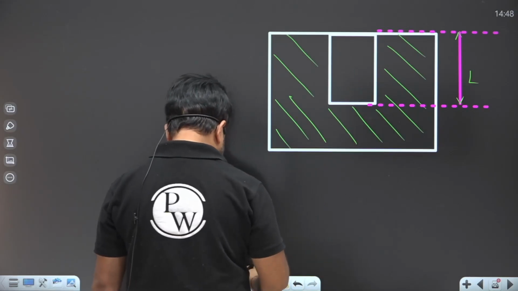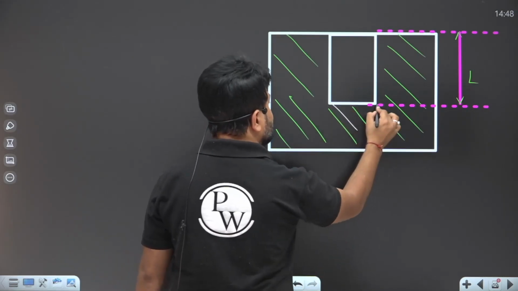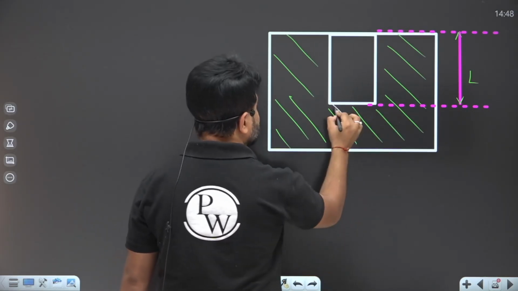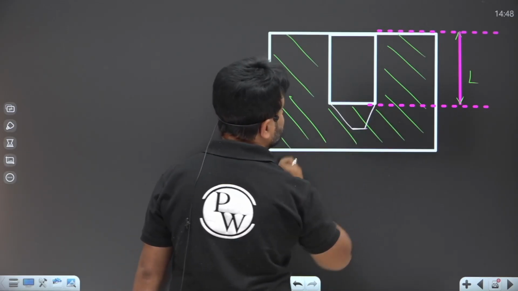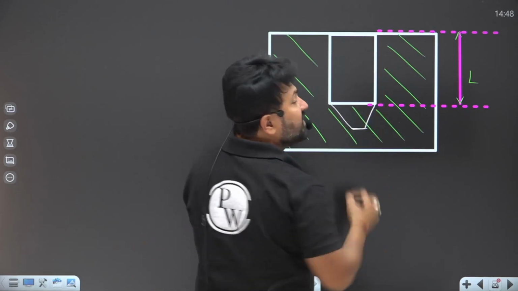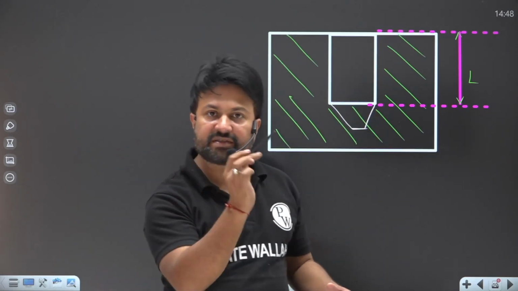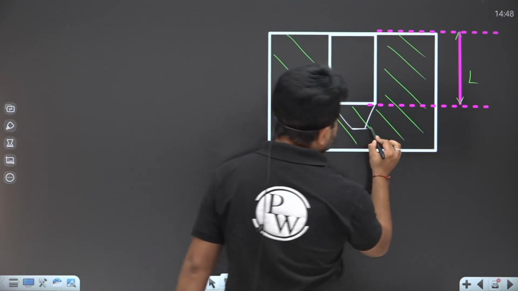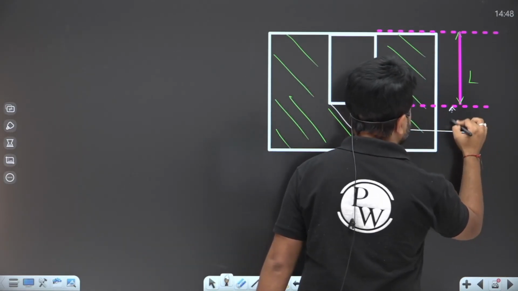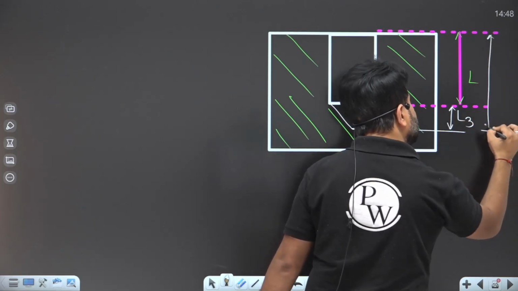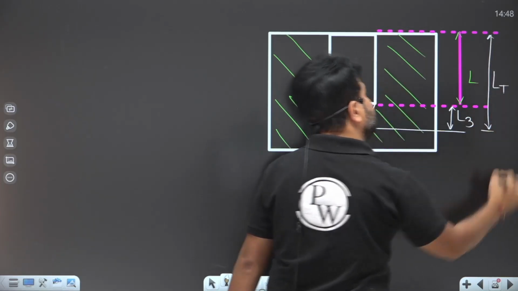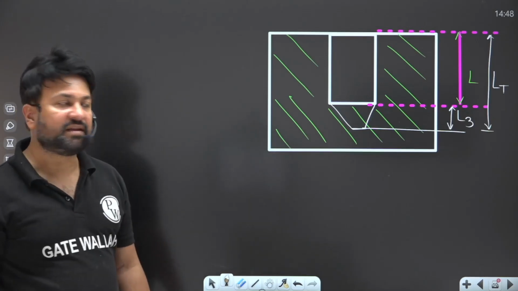In that case, the drill has to travel up to that distance. This drill makes a hole which is symmetrical about the axis, a cylindrical hole. So this is L3, and this will be the total machining length.